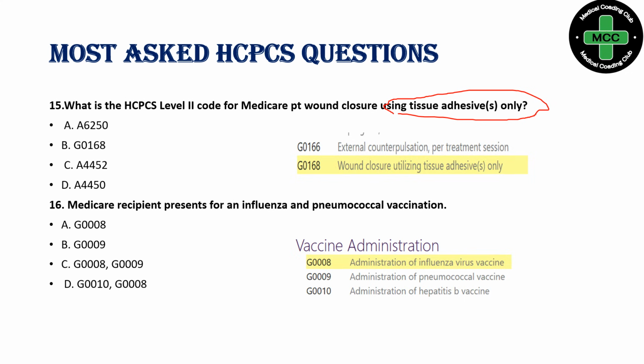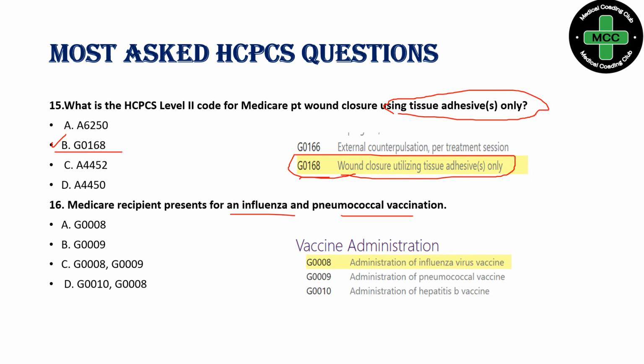But if the patient is Medicare and only adhesive was used to close the wound, then we need to code G0168, wound closure utilizing tissue adhesive only. Answer is B.